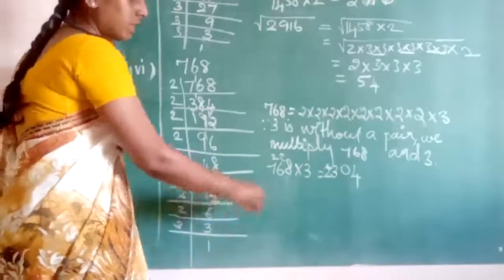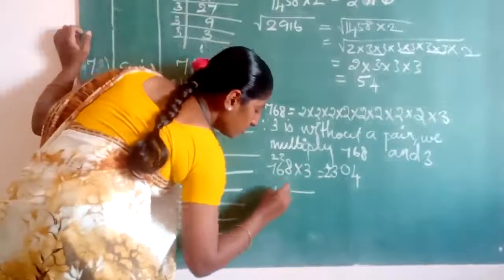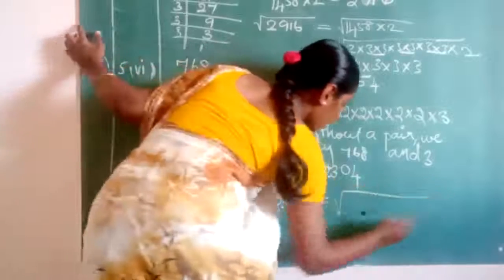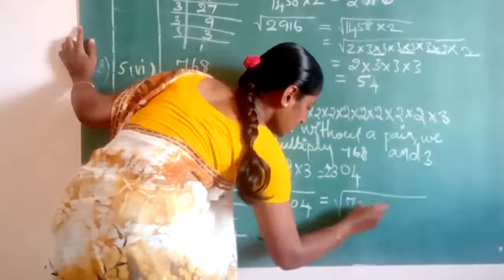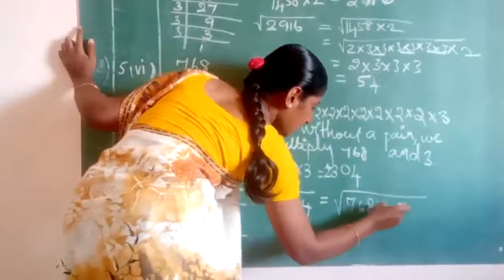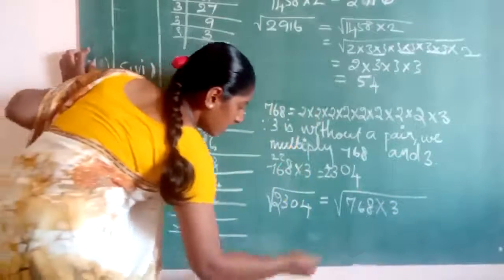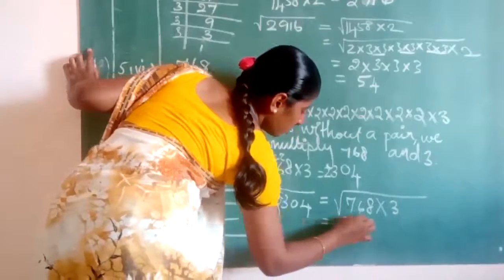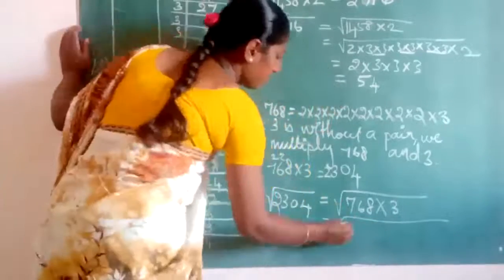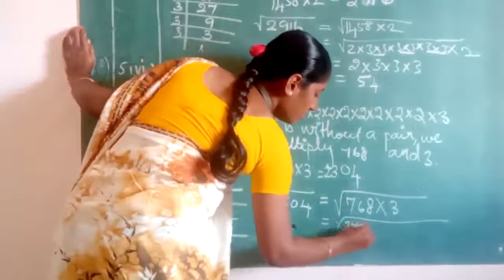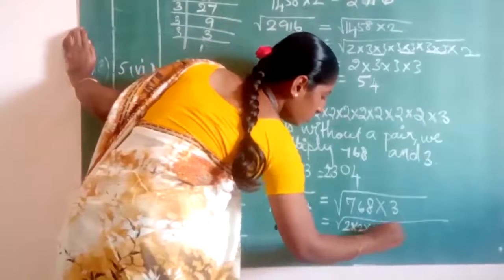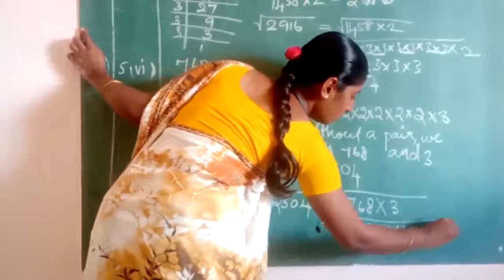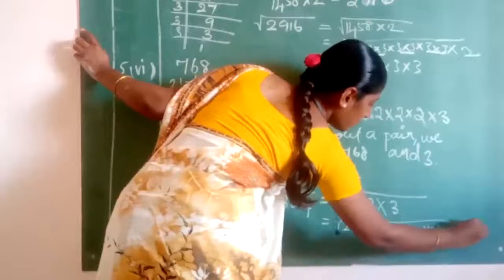Now we have to find the square root of 2304. That is the square root of 768 into 3, which can be written as square root of 2 into 2 into 2 into 2 into 2 into 2 into 2 into 2 into 3 into 3.